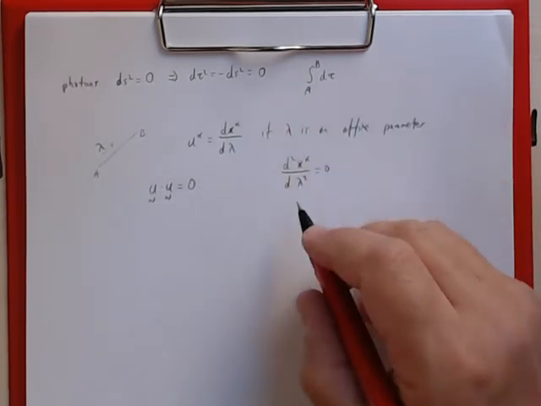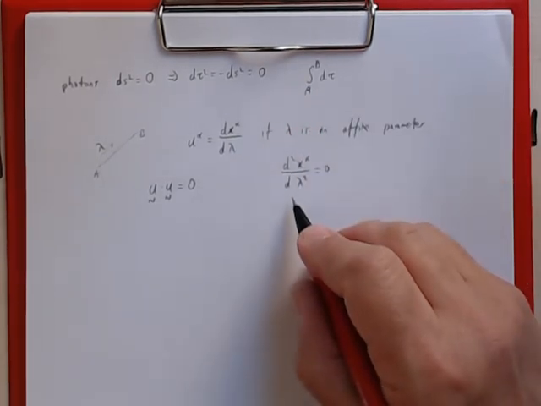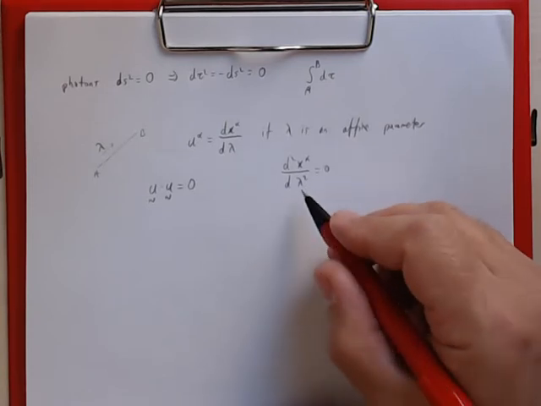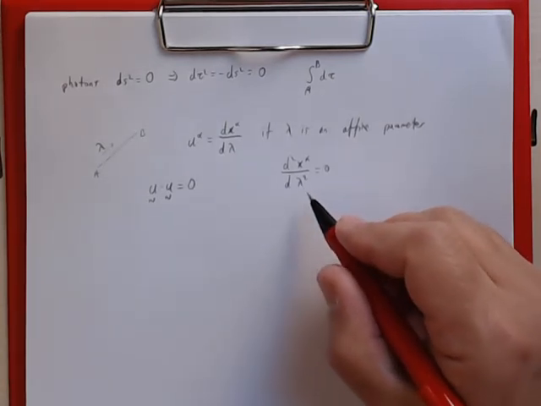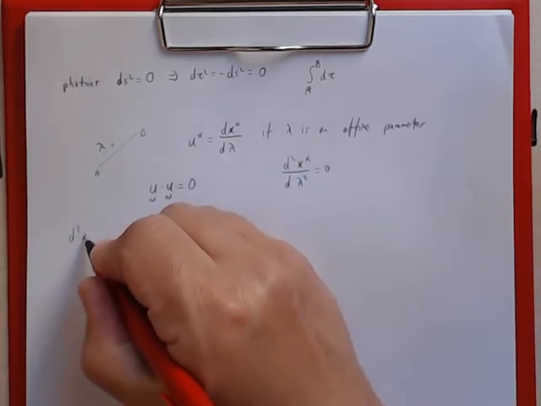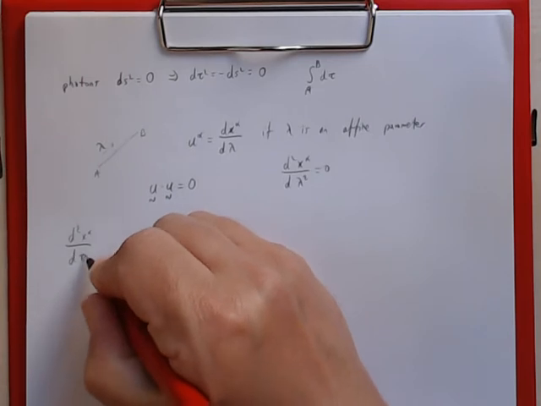But if it's an affine parameter, we also have this value, which means that we can take this and generalize it. So remember, for the particles with finite mass, we started with something very similar. We started with d squared x by d tau squared equals 0.